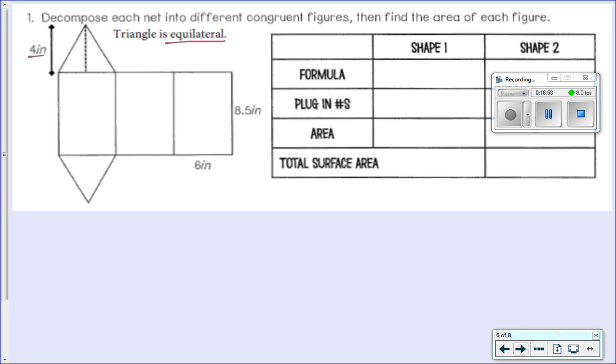The height. 4 inches represents the height, right? Okay, what is our base? 4 inches. What is the base of our prism? What shape is it? What shape is our base? The triangle. Go ahead and label, or you can shade it, okay?